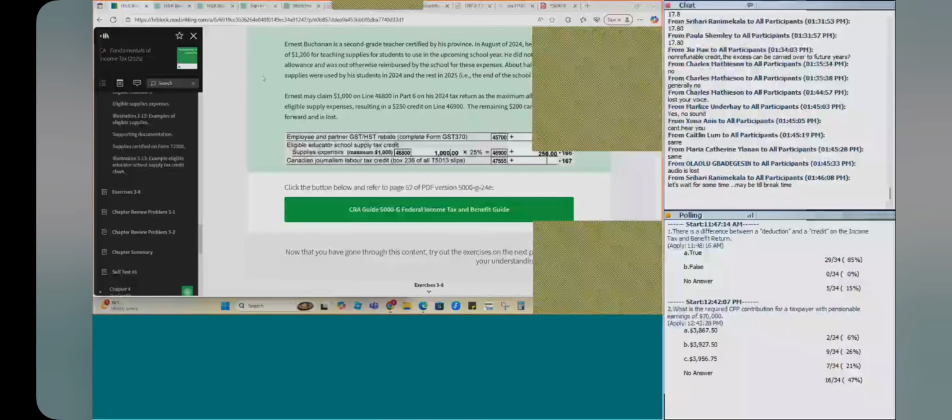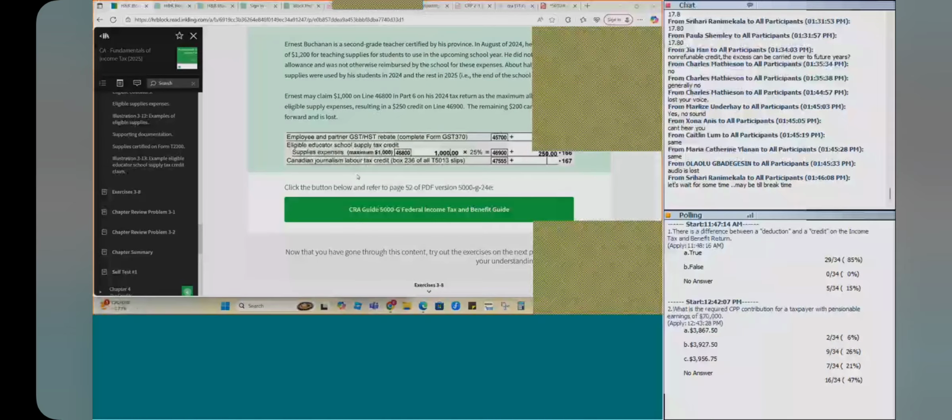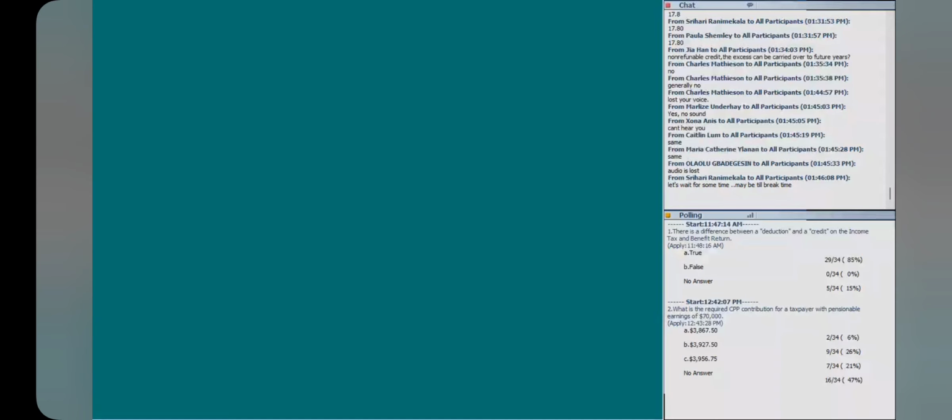Are you seeing my desktop? Yeah, let's get you the host again. This is one of the reasons that the moderator is the host, so that if something happens to me, it doesn't close out the session. All right, there we are. Okay, good. My computer actually restarted there for mysterious reasons.